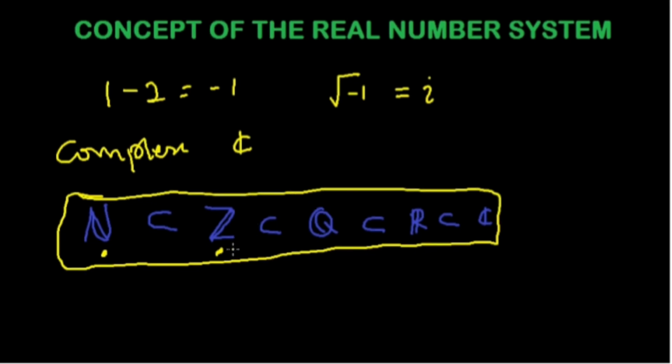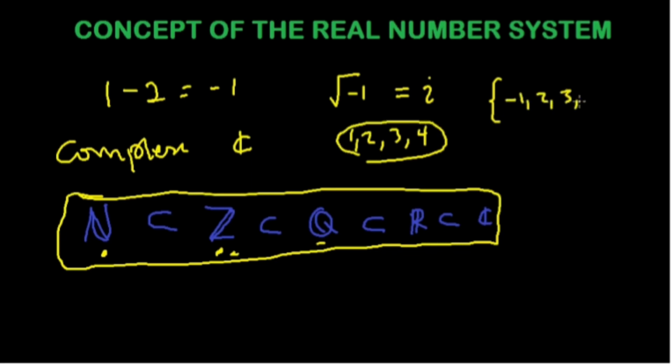Let me just write the number system. 1, 2, 3, 4. This is natural numbers. You can see it from a set containing both positive and negative: minus 3, minus 2, minus 1, 0, 1, 2, 3. You can actually get this one from this set. So that's why this is a proper subset of this.